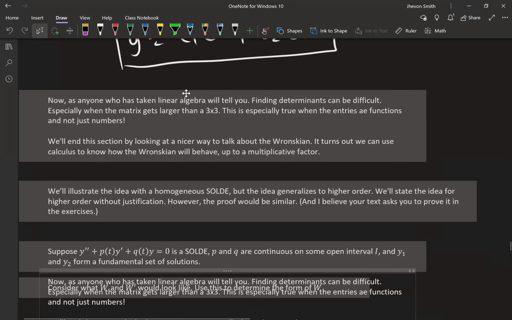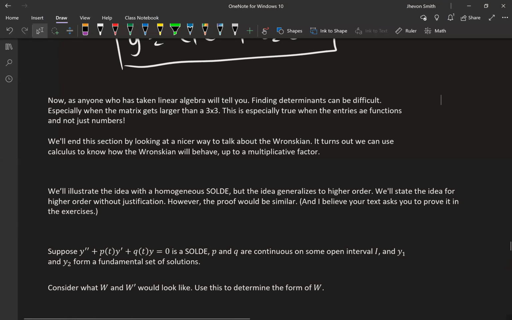But now there's some more that I want to explore about the Wronskian. Okay. Now, finding determinants, I know it might look like I just did something that's super convenient and anyone can do this, but if you have any experience with linear algebra, you're going to know that finding determinants can be difficult.